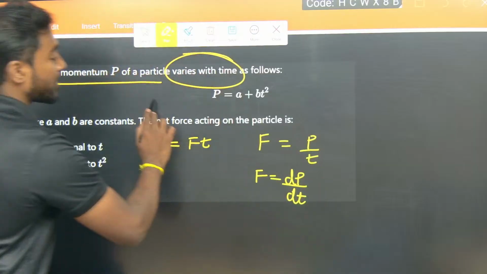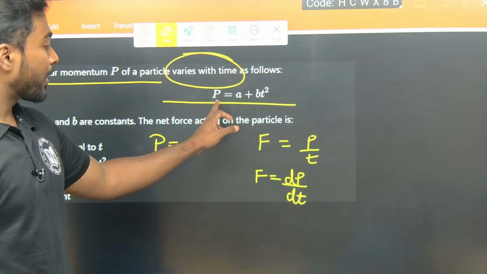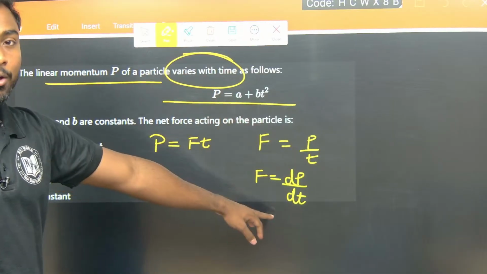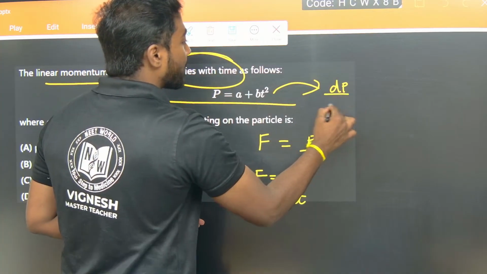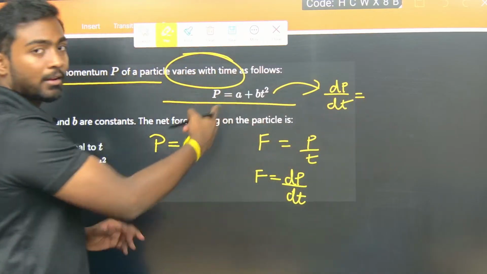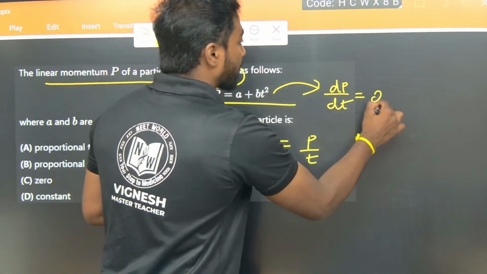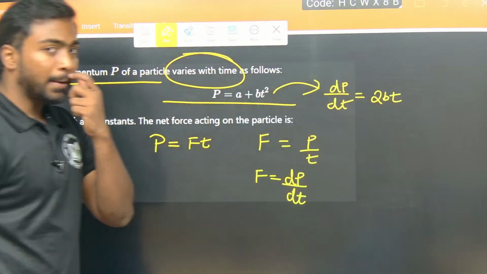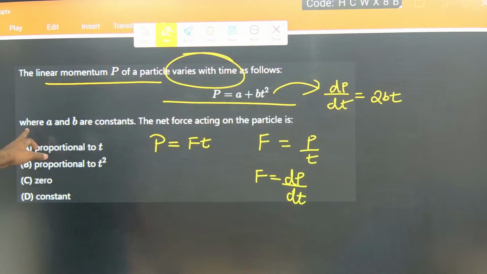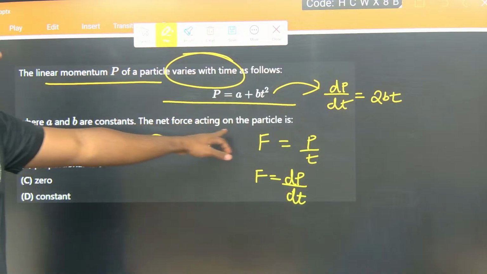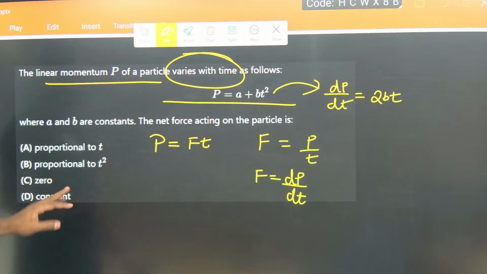Now the equation is given, so I need to differentiate P with respect to t. If I differentiate this, dP by dt will be equal to A differentiated, which is 0 since it is a constant, plus B T square differentiated, which is 2BT. The question asks what the net force is proportional to: T square, 0, constant.